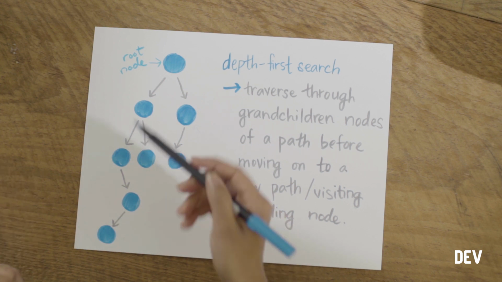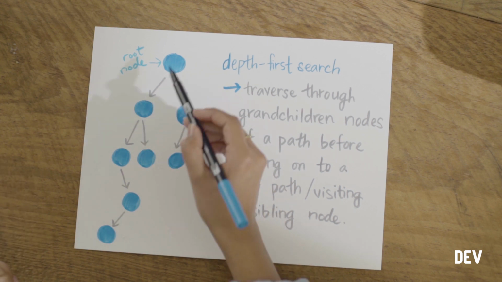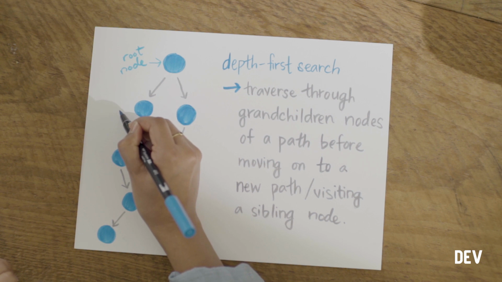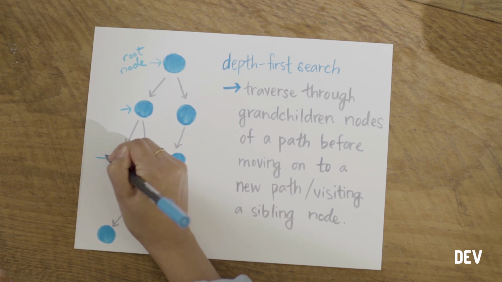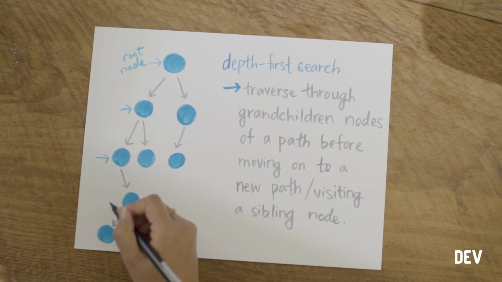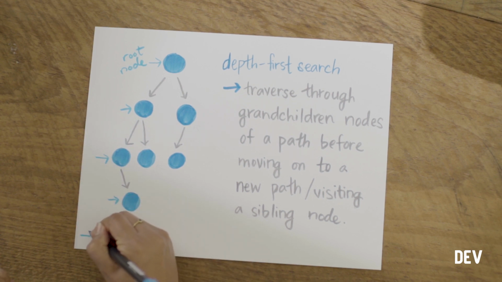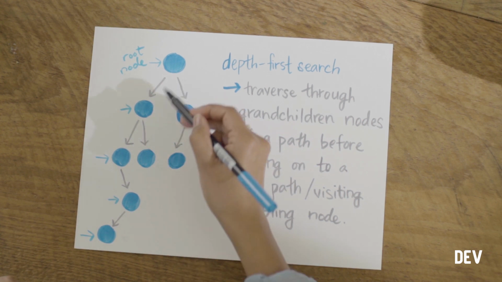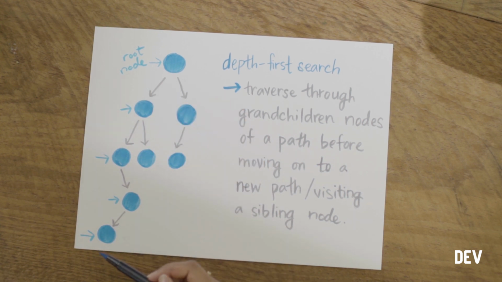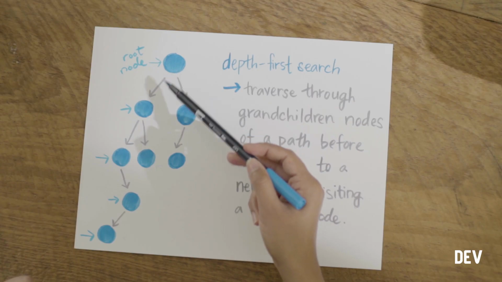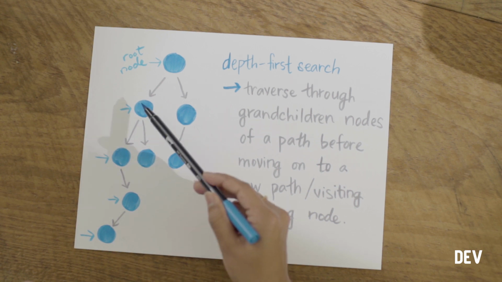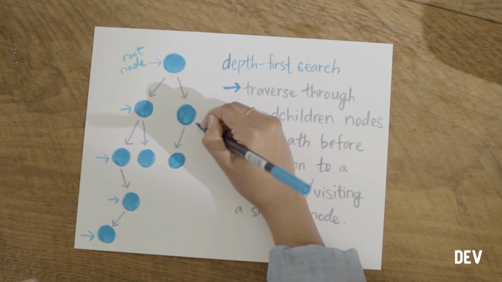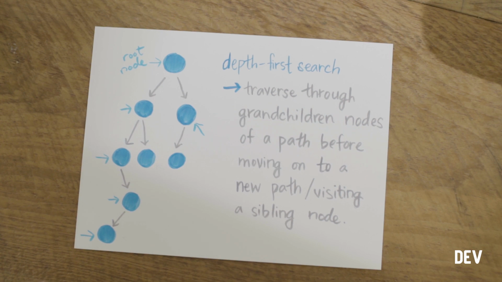So for example, let's say that we chose this path. We would check the child node, check its child node if it had any, and continue doing that until we got down to the last leaf node on that path. In depth first search, we would traverse down one whole path of the tree before working over to traverse and check the sibling node.